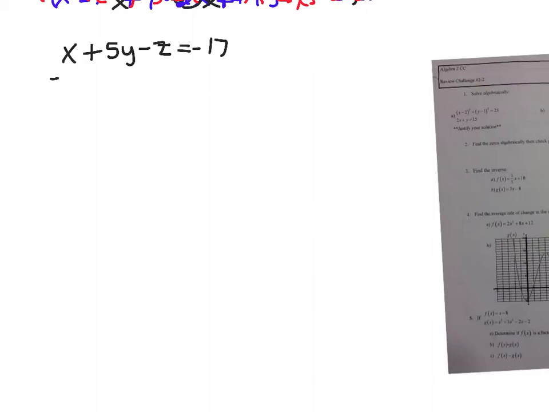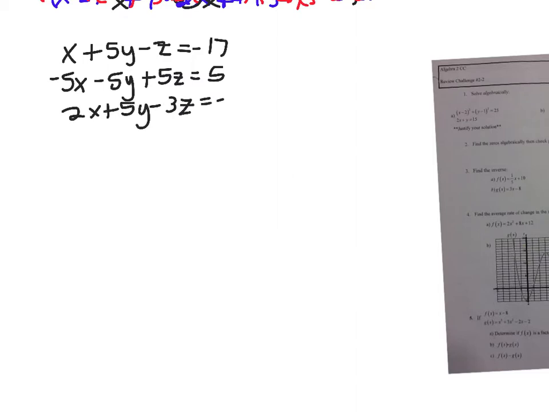We have negative 5x minus 5y plus 5z equals 5. And 2x plus 5y minus 3z is equal to negative 10. Okay, so this will be 1, 2, 3.